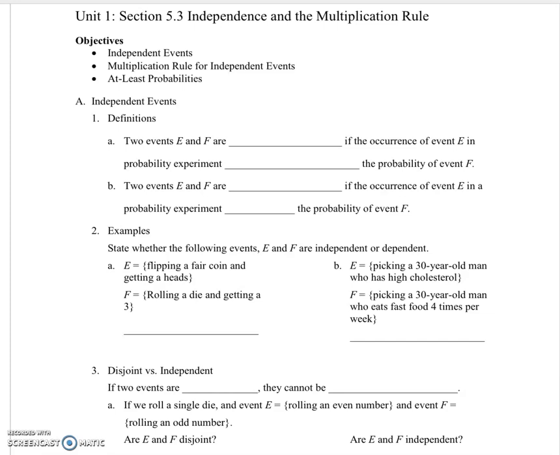We say that two events E and F are independent if the occurrence of event E in a probability experiment does not affect the probability of F occurring.